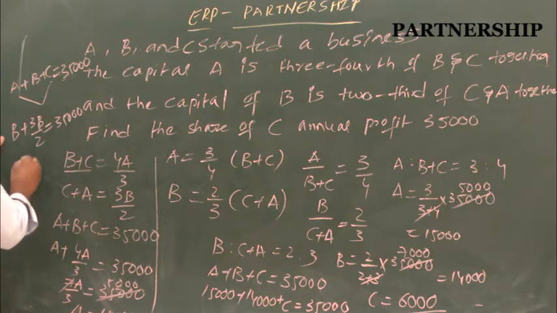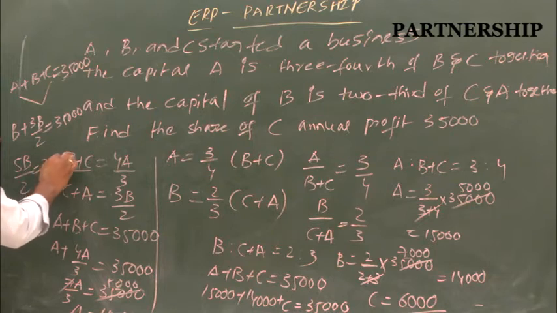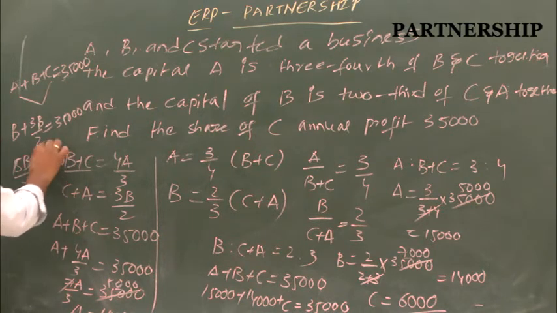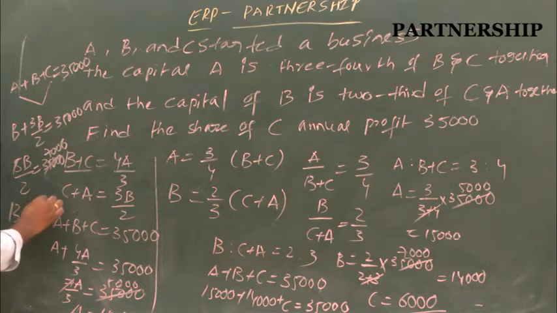So 5b by 2 equal to 35,000. So b equal to 14,000. According to this, a equal to 15,000, b equal to 14,000, so c equal to 6,000 rupees.